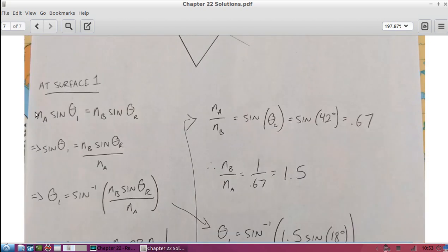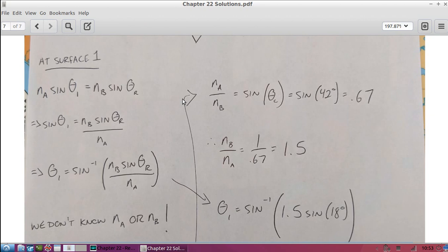So here's Snell's law: n sub a sine theta 1, that's what I'm looking for right here, equals n sub b sine theta sub r. I have the refracted angle, 18 degrees, and I don't know n sub a, and I don't know n sub b. So I'm stuck, right? I've got one equation, two variables, so I'm in kind of a pinch here.